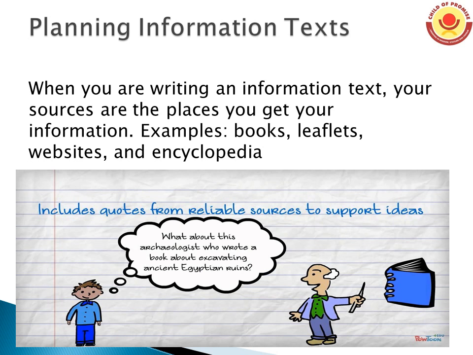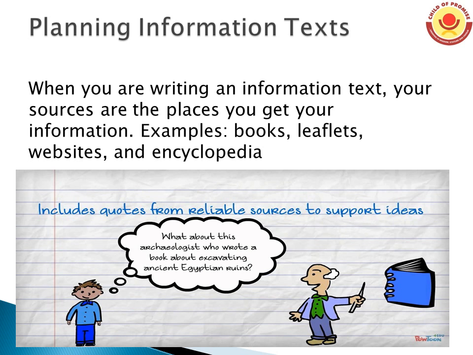Do not forget that information text or information books are books about real life. Take for instance, you want to write about dinosaurs or insects, depending on your choice. So, what do you do? You need to plan. How do I go about it? Where do I get my information from?